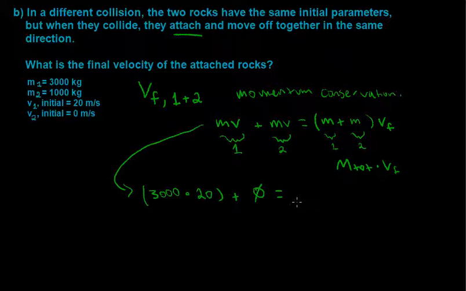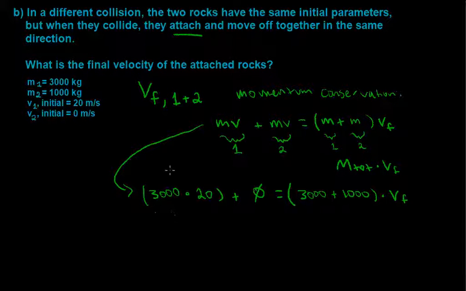This together is going to equal, and then we're going to add the two masses together, so 3,000 plus 1,000, times the final velocity, which we are going to be calculating.